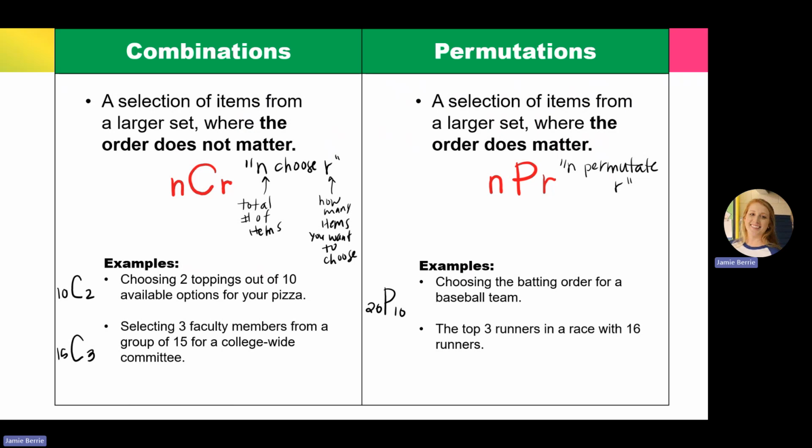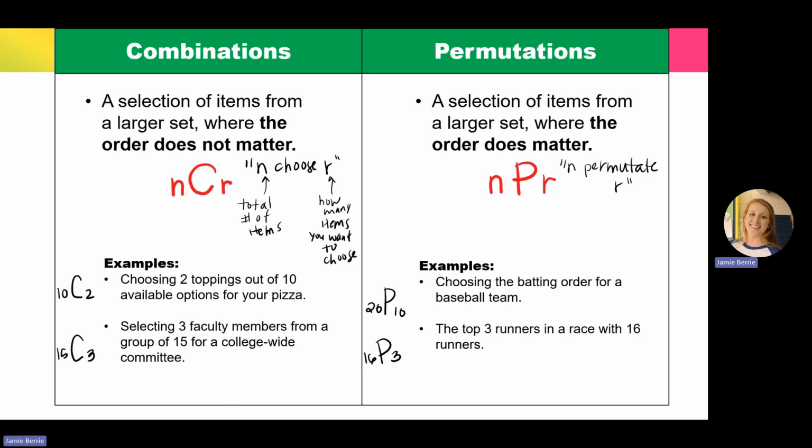And then we would say we have 20 players in total. We've got to select 10 of them to go bat this inning. So that would be 20 permute 10. And then the second example is the same one that I mentioned before, the top 3 runners in a race that had 16 runners. So maybe you're going to Las Vegas and you're going to bet on this.